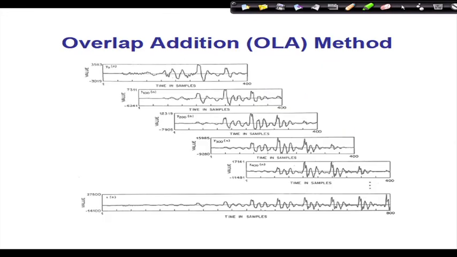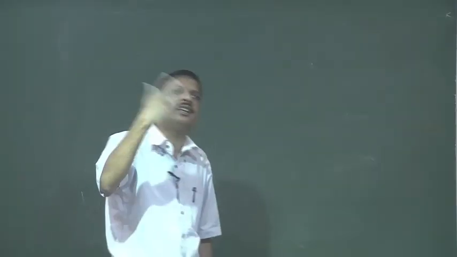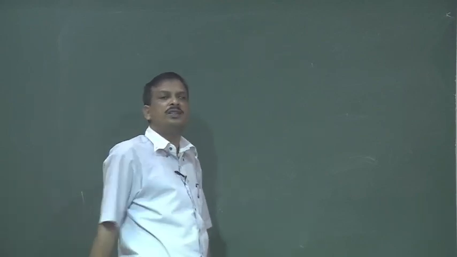This I will come to later on. So, time frequency sampling is a very important fact. Why are we doing the FBS method and the OLA method? Suppose this is my requirement: I have a signal, and I cannot take the whole signal at a time, analyze its frequency domain, modify it, and take the inverse to get the time domain signal.